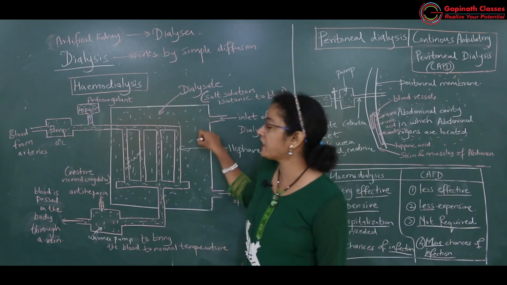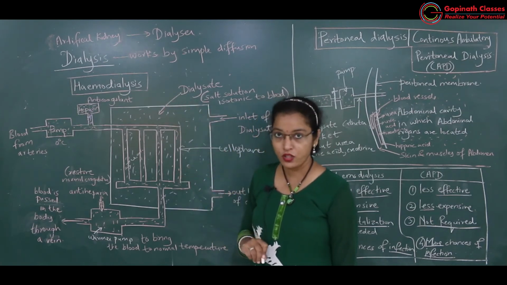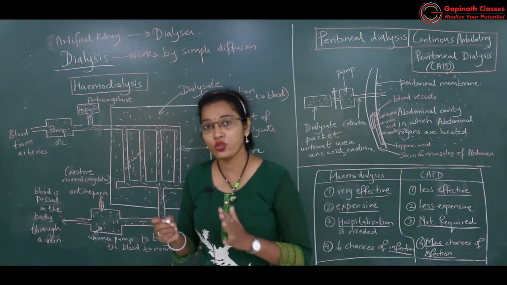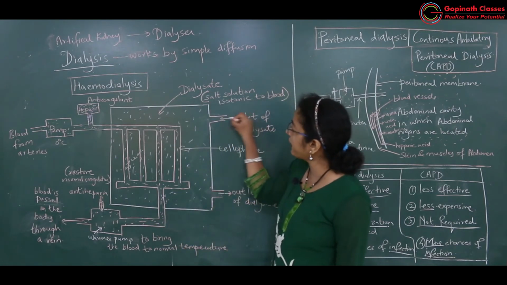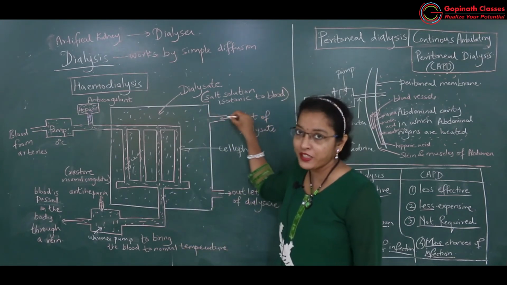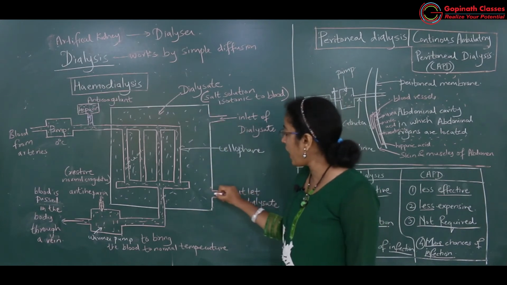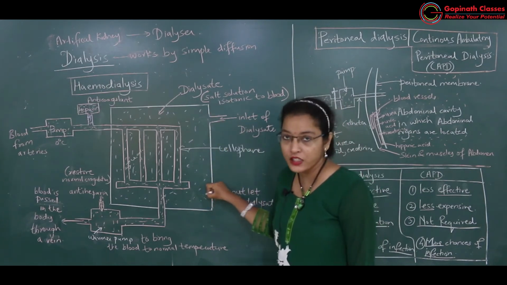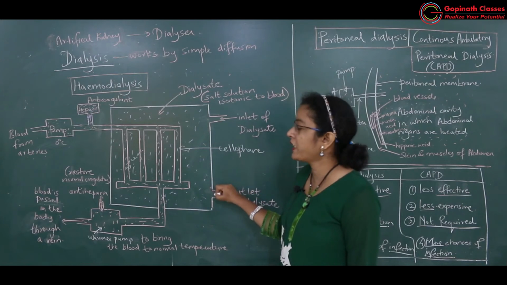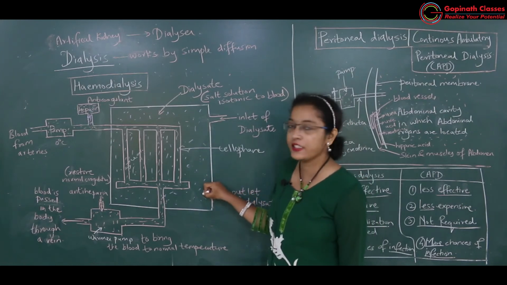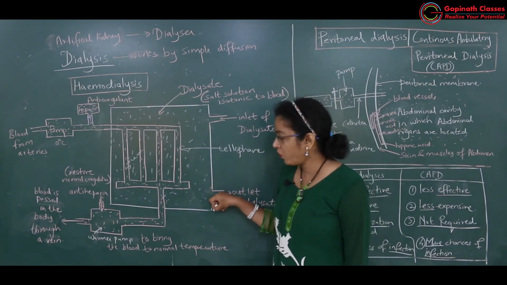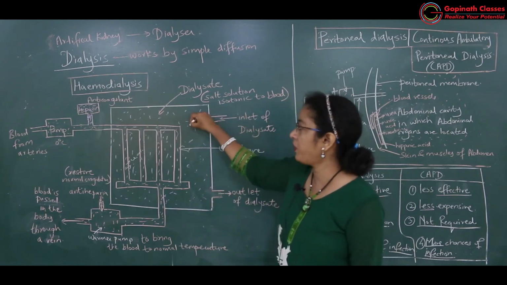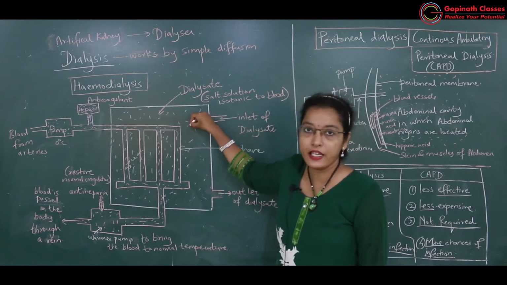Now this dialysate has to be removed. Dialysate which is rich in nitrogenous waste has to be removed. Inlet of the dialysate will be done through this region and outlet for removing the dialysate. So after a few minutes or hours, this dialysate will be removed. Okay, and fresh dialysate will be introduced in the dialyzer.